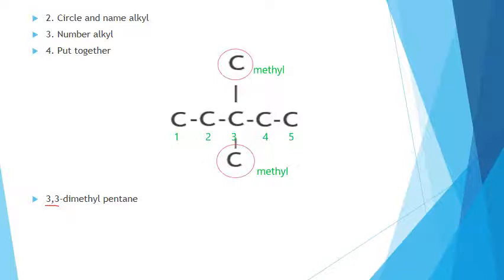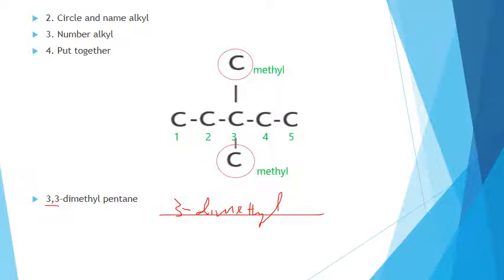All right. A lot of mistakes that students will make is that they'll see that since both carbons come off the same one, they'll just call this a 3-dimethyl, and leave off the other 3.